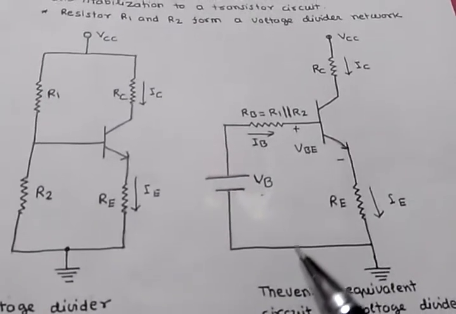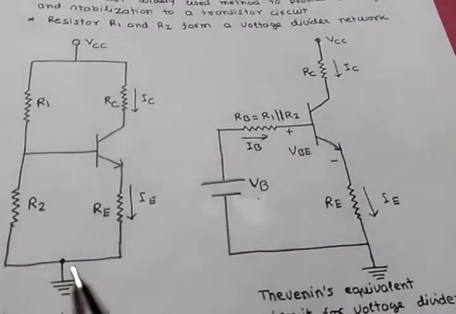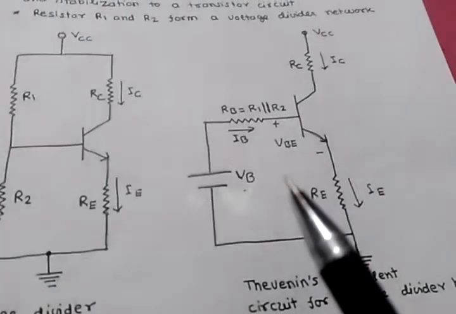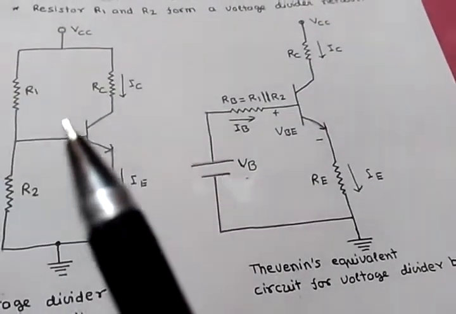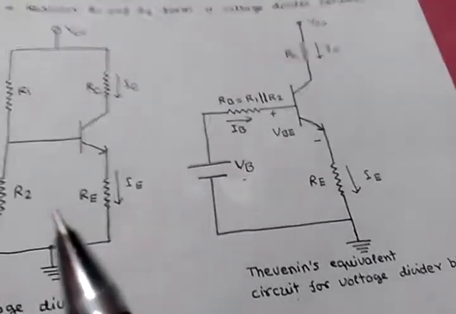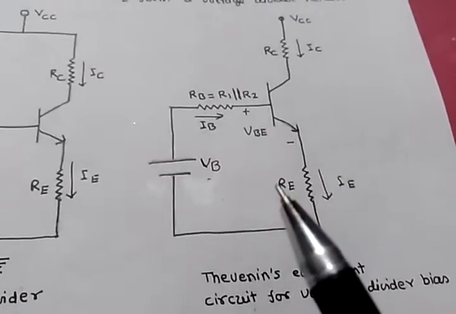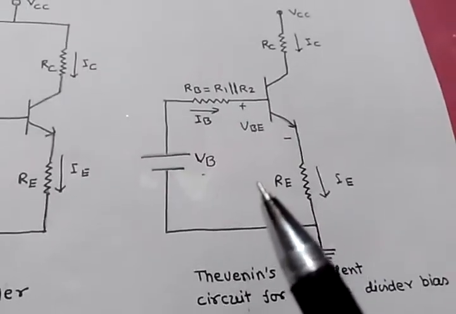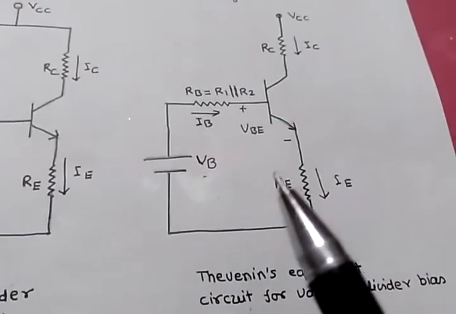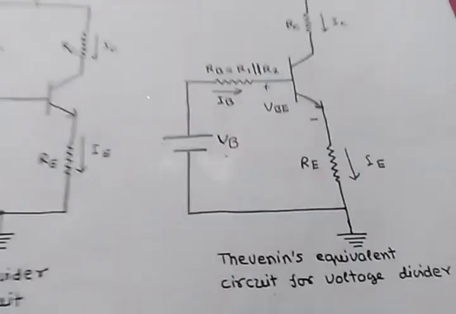This is the Thevenin equivalent circuit of this voltage divider transistor biasing. This Thevenin equivalent circuit is drawn across base and ground of this circuit. We will analyze this circuit to find the operating point, means to find the collector current and collector to emitter voltage.